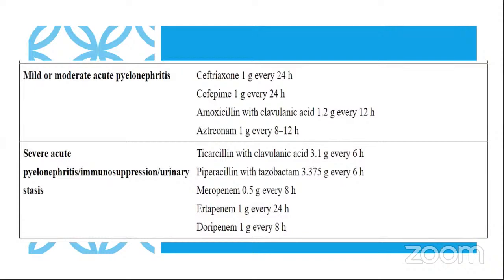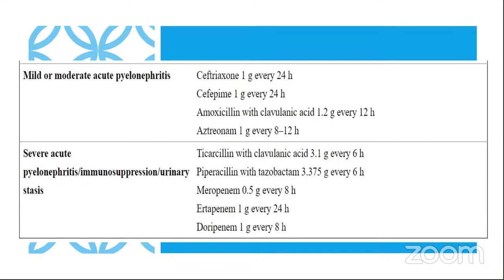For pyelonephritis, we have grouped antibiotics according to mild to moderate condition, severe condition, and conditions associated with special conditions. Mild and moderate acute pyelonephritis: ceftriaxone, amoxicillin, and similar drugs. These are the drugs for this moderate and mild type of pyelonephritis.